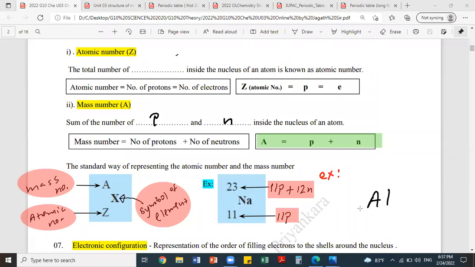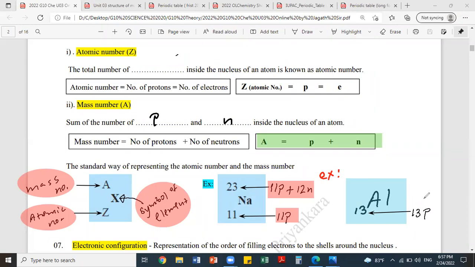Aluminium is the 13th element of the periodic table. You have to remember this, because they don't tell the atomic number of aluminium in the exam. Atomic number 13 means there are 13 protons inside the nucleus of the aluminium atom.